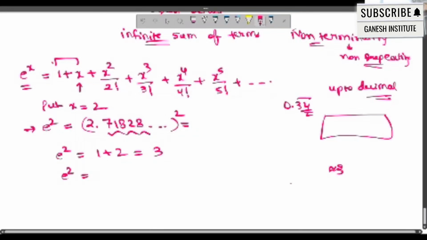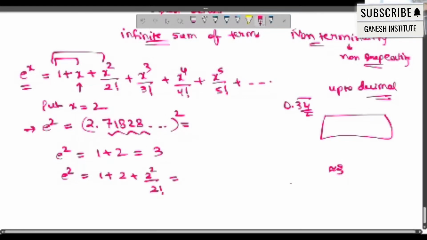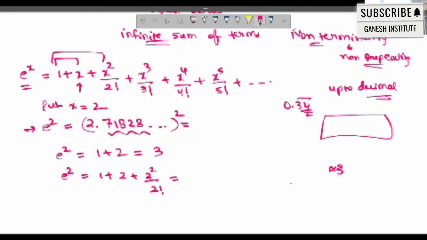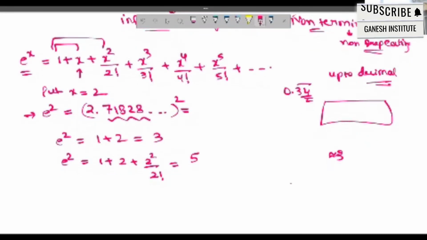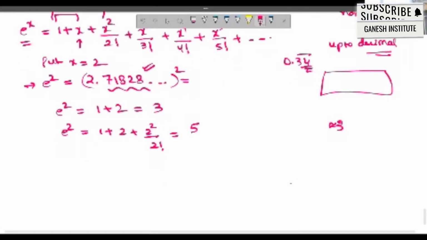Then, if I take another term, the first 3 terms, what will be the answer? That would be 2 squared by 2, so it's 2 2 to 4, and 5. Then, e squared: if you do the square of 2.7182, what is it?